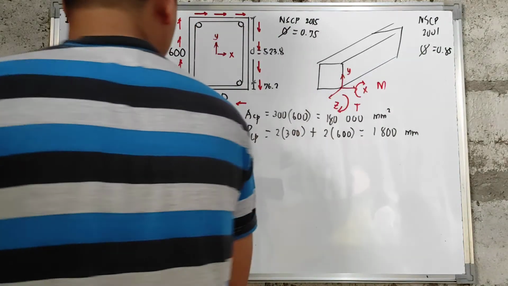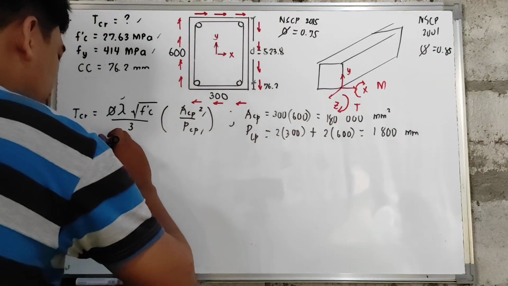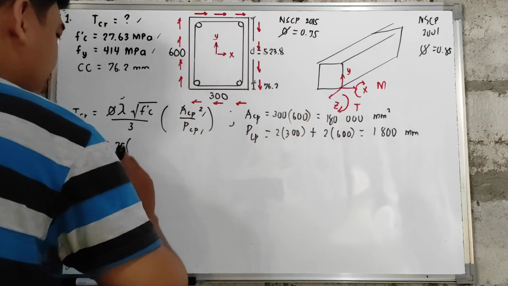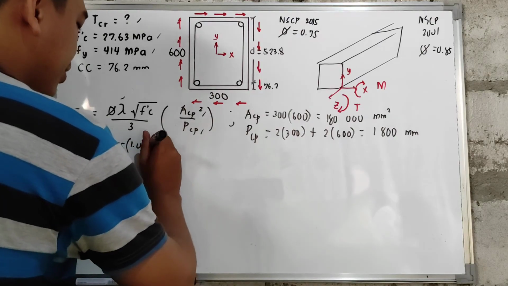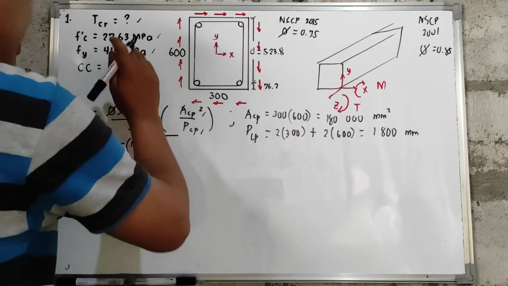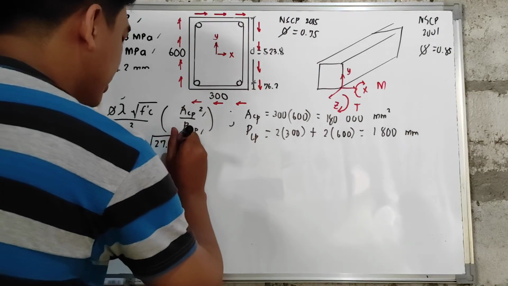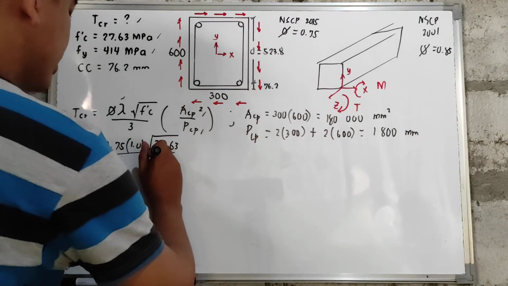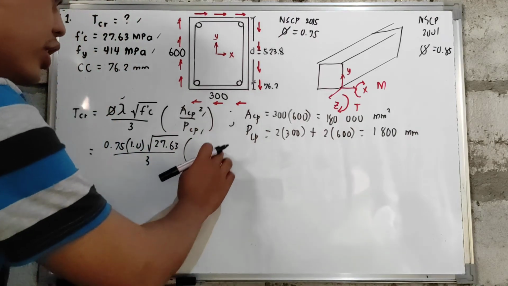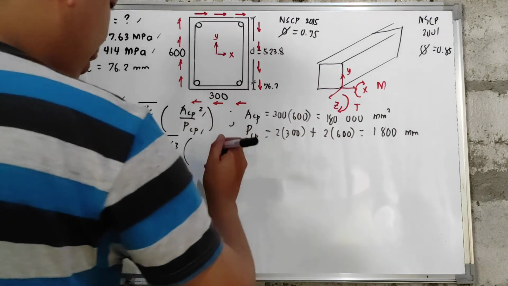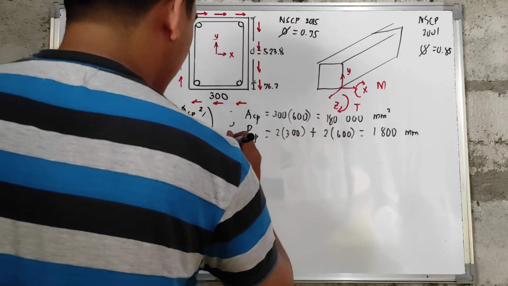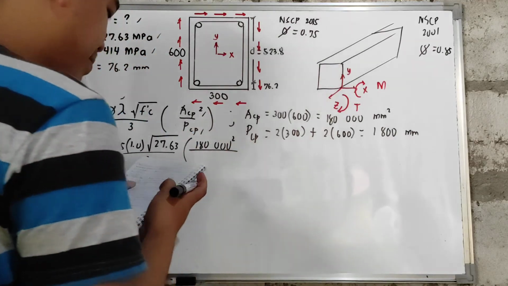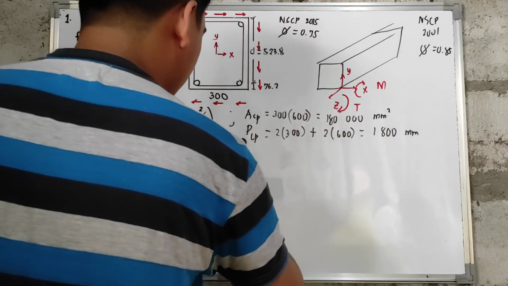So for this one, let's choose NSCP 2015. So we have 0.75. Yung lambda natin, that is 1.0. Square root of yung F prime C natin, we have 27.63 over 3 multiplied by yung ACP natin, we have 180,000. I-square natin yan over the perimeter of 1,800.